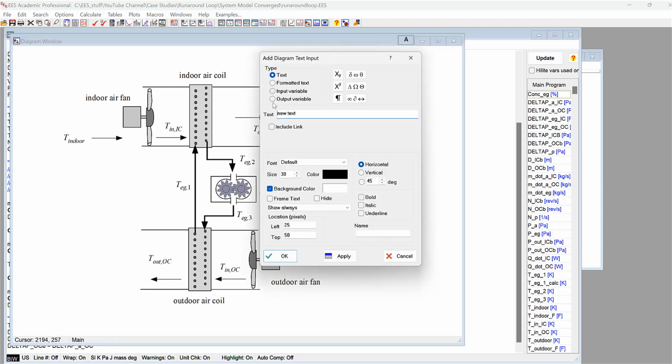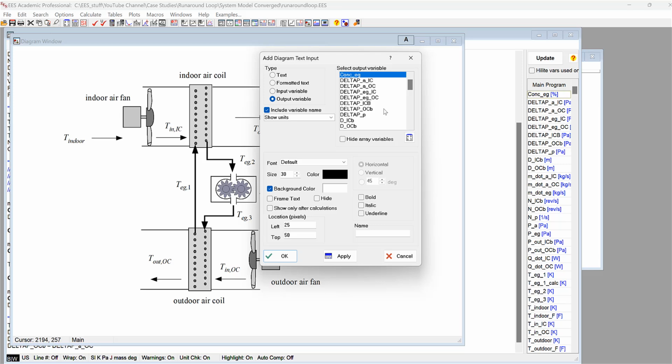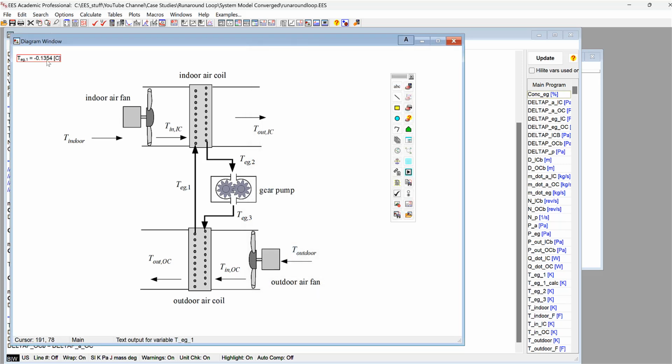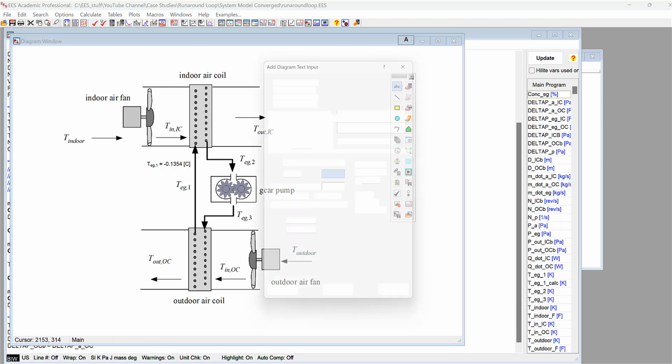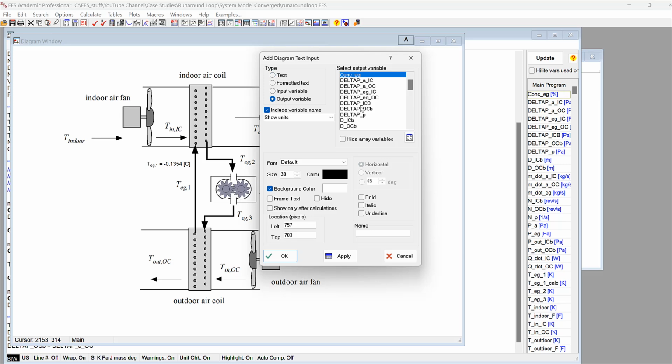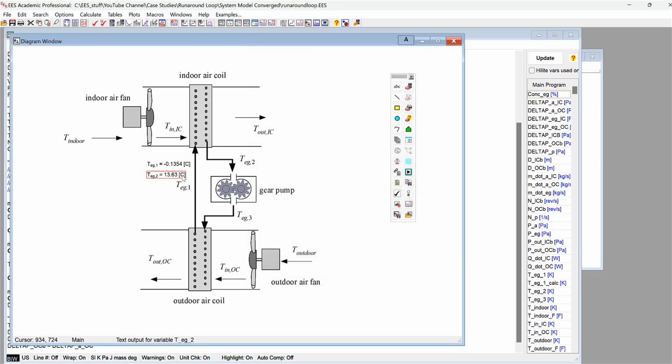So maybe I'll put some output variables that include things like T-ethylene glycol 1 right here, and I think I'm going to put it in alternate units like that. So that's this temperature coming into here, and then I'll do T-ethylene glycol 2, which is the same as T-ethylene glycol 3. Again, I think Celsius is probably better, so like that.